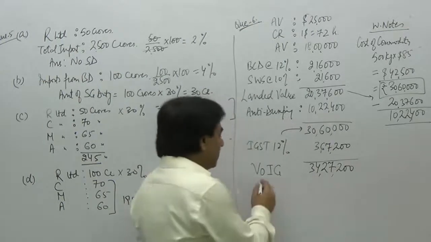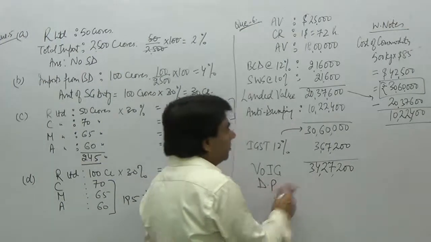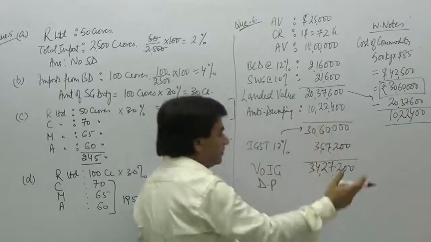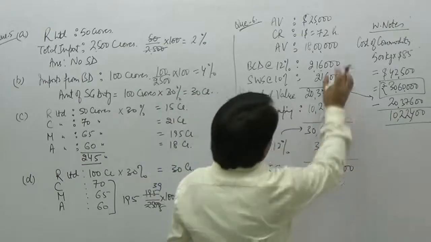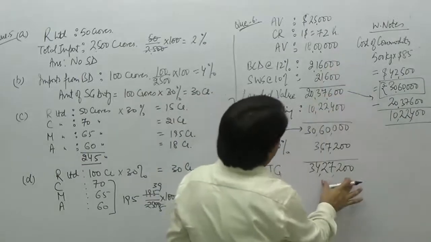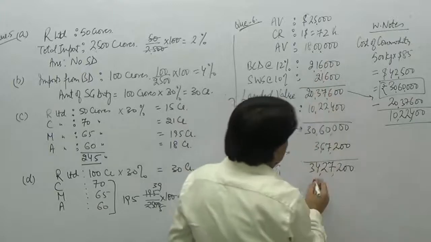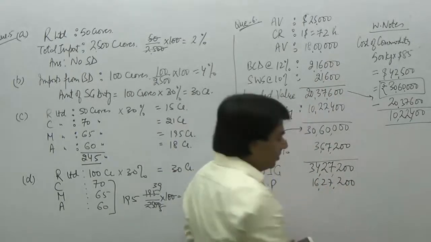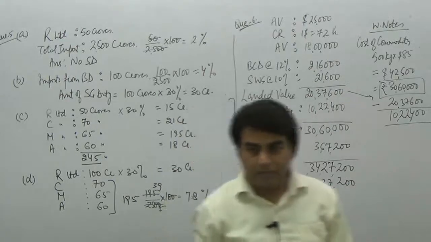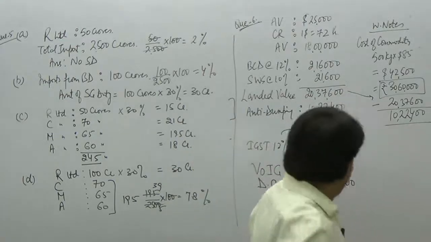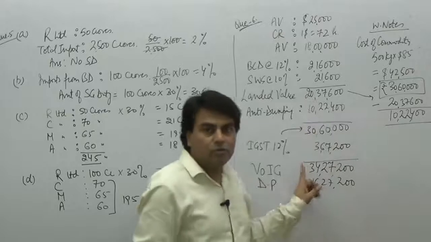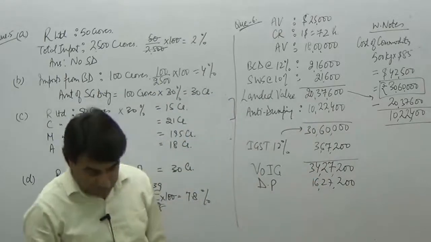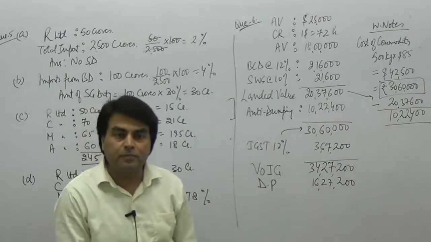And what about duty payable? The duty payable, add up all the duties, or you may subtract the amount of assessable value from this value, 34 minus 18. This would be 16,27,200. This is the amount of duty payable, and this is the value of imported goods or cost to the importer.